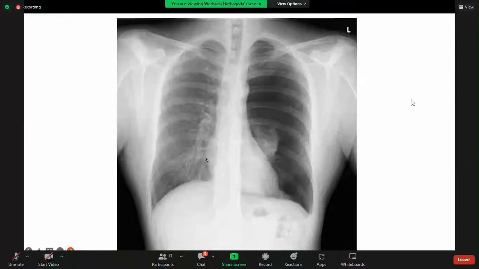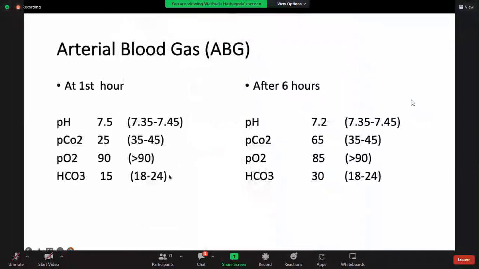All right. So here you can see there's a pneumothorax, and those are the things we have to do. So this is the blood gas. Who's going to interpret this?